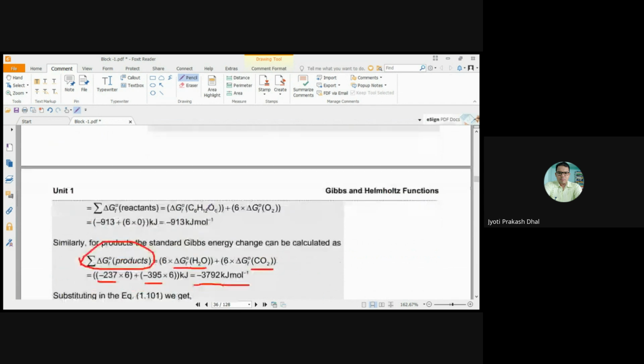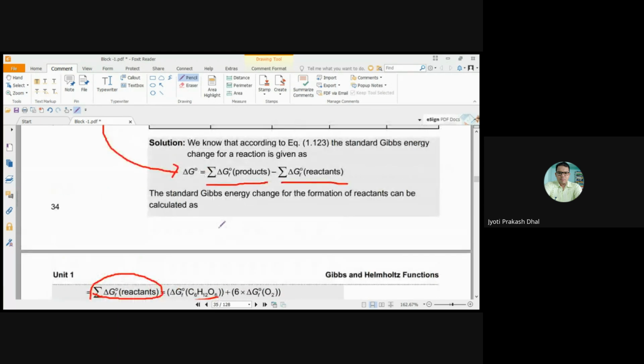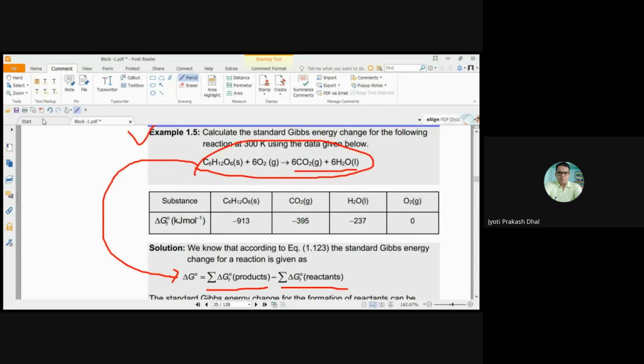And similarly we will find the summation of Gibbs energy of formation of all the reactants. That equals the Gibbs energy of formation of glucose. In the balanced equation, you can find 1 mole of glucose is there.